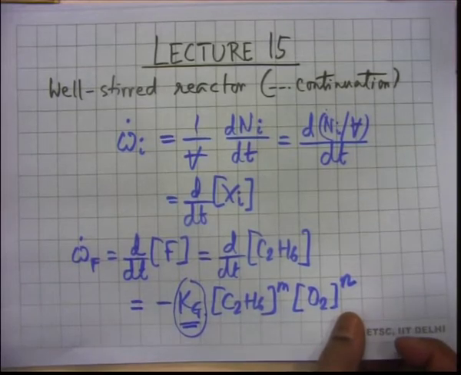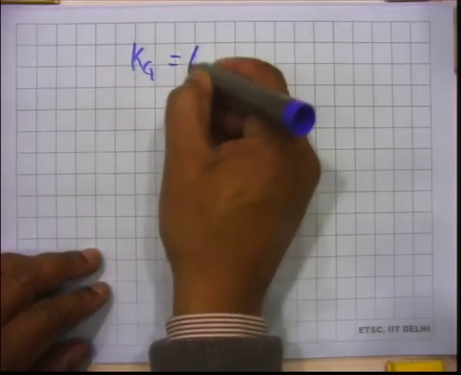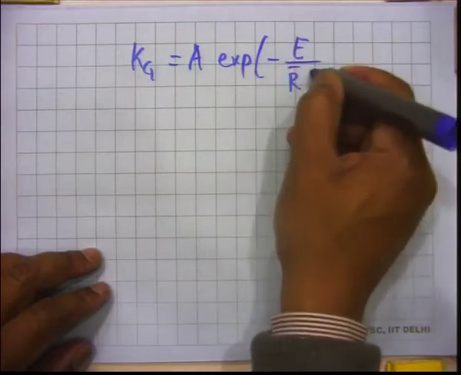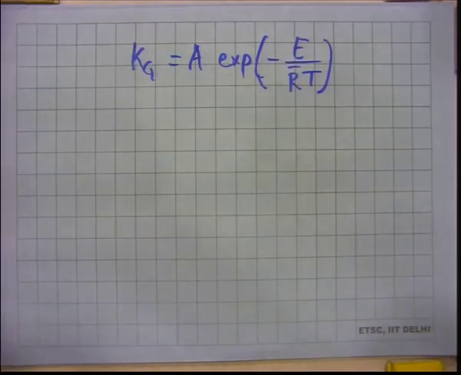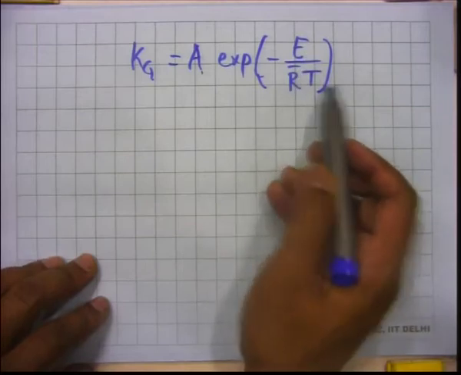Now, what is Kg? Kg is, of course, A exponential minus E over R bar temperature. Remember, the reaction rate constant does not have concentrations explicitly in that. Okay. So, it is just the pre-exponential factor into exponential minus E over R bar T.